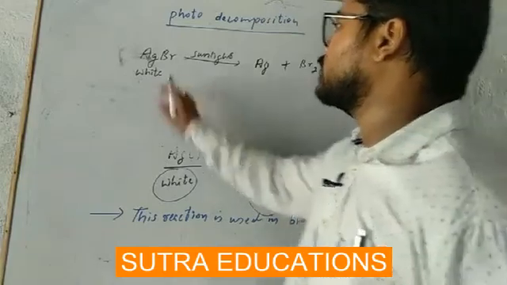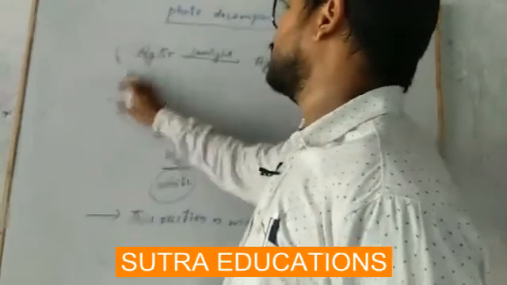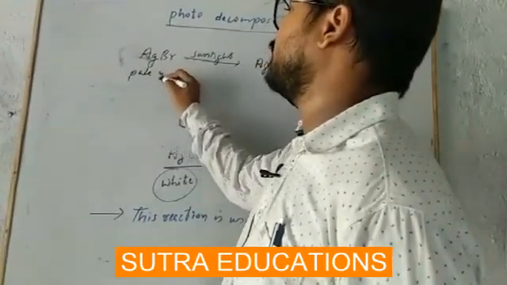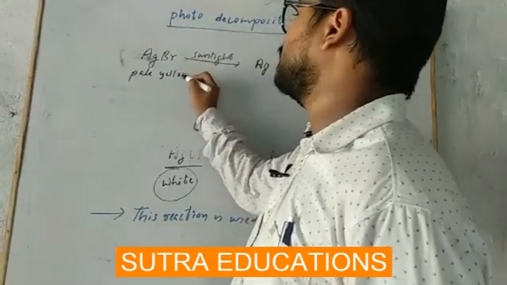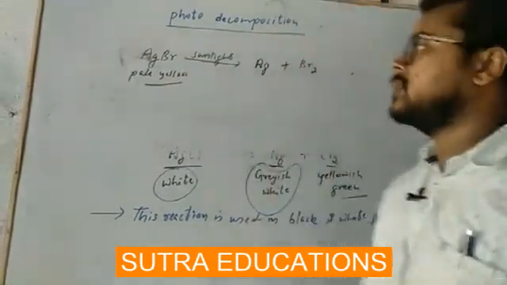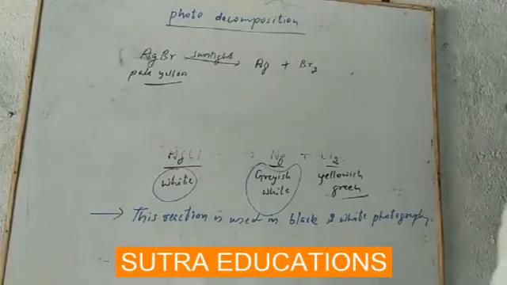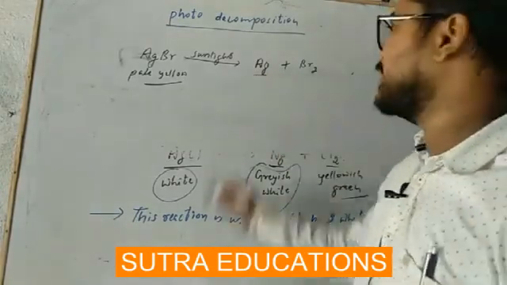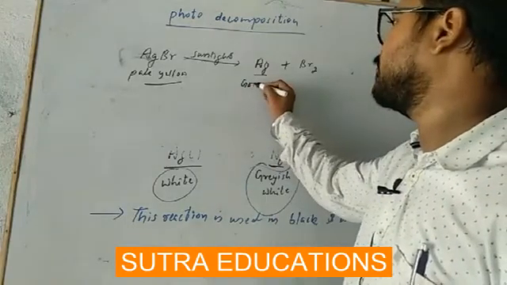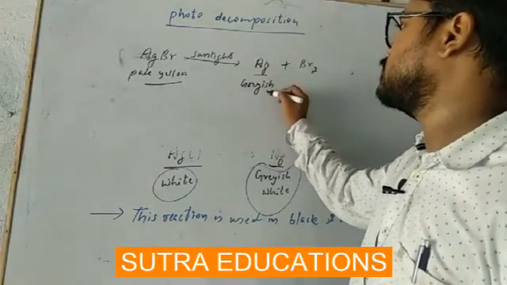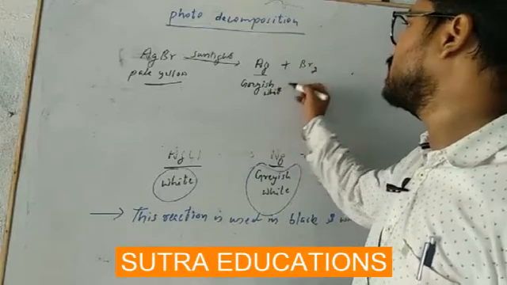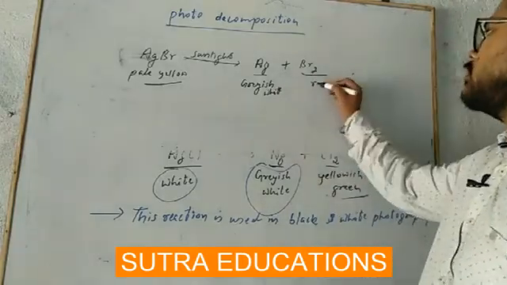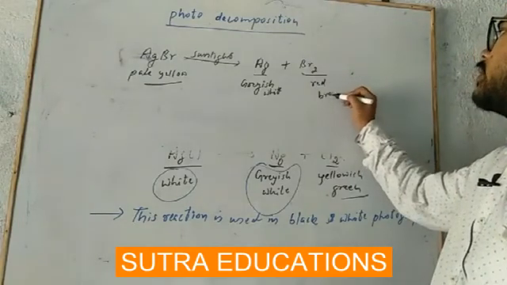Sorry, it is AgBr now. It is pale yellow in color. I thought it to be AgCl. AgBr is pale yellow in color. This Ag we have discussed is grayish white, and this Br2 is red brown in color.